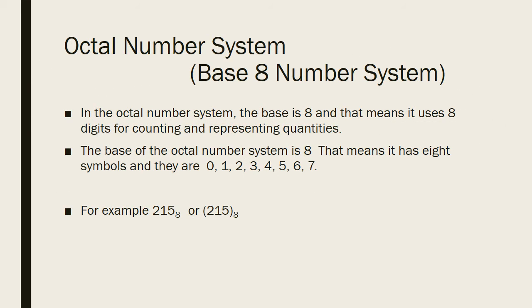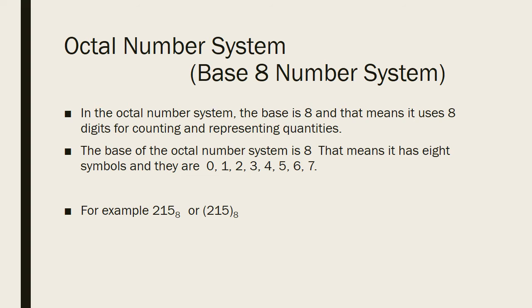The third number system that we have here is called the octal number system. The word octal here comes from a geometrical figure you might have heard of, the octagon. Octagon is basically a polygon which has 8 sides, and that is why this number system is also called the base 8 number system. In octal number system, the base is 8.